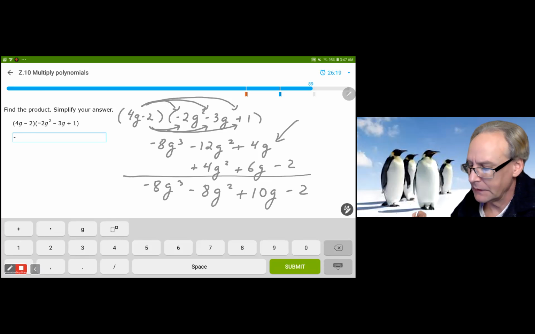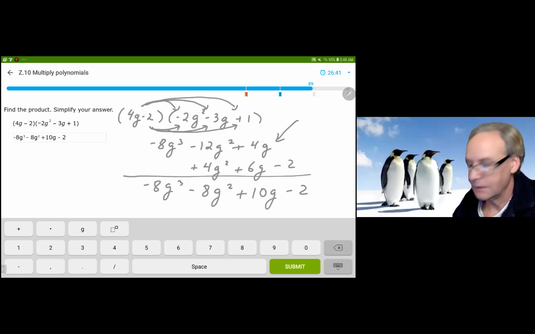Negative 8g to the third minus 8g squared plus 10g and minus 2. Looks good.